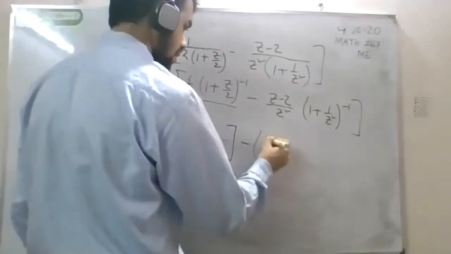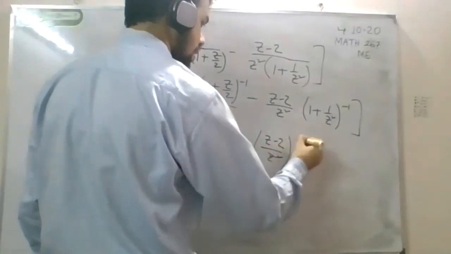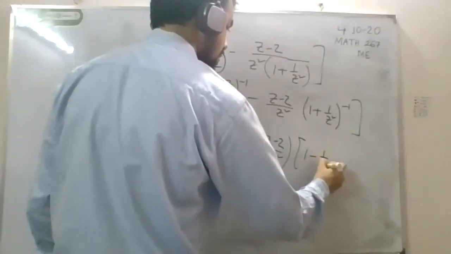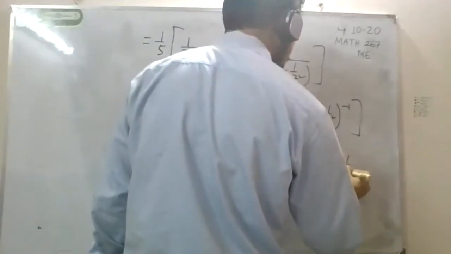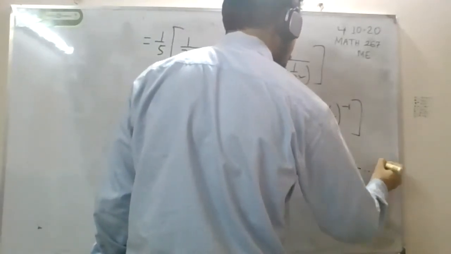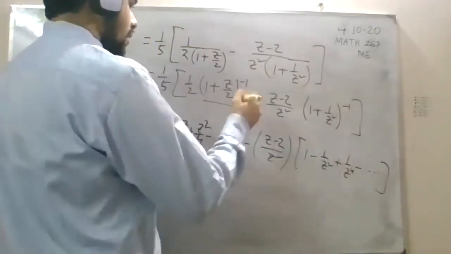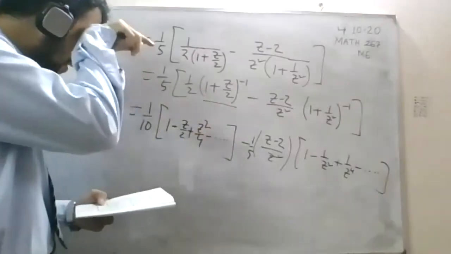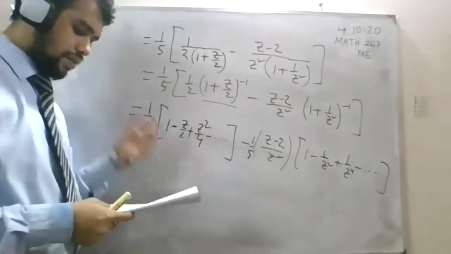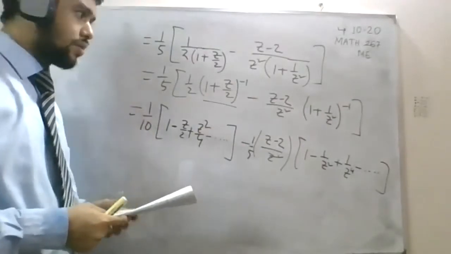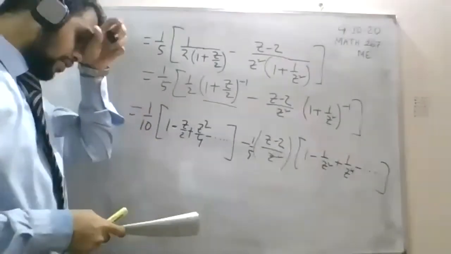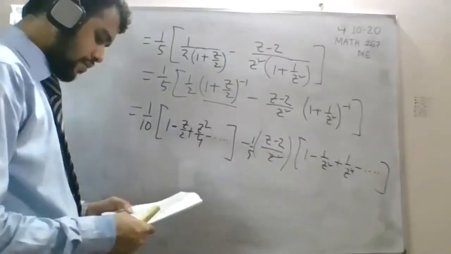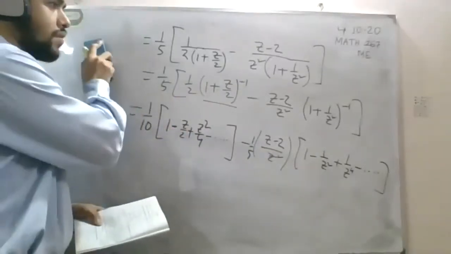And here z minus 2 divided by z square, this is also 1 minus 1 by z square plus 1 by z to the 4 minus. So here 1 by 5, just multiply this 1 by 5 in here. Okay, so this will be our solution or required answer. You can keep it up to this much. Since we take the denominator less than 1, what is the numerator, sir? Yes.